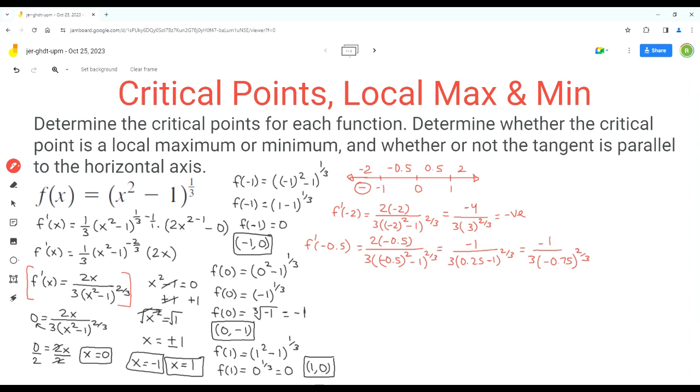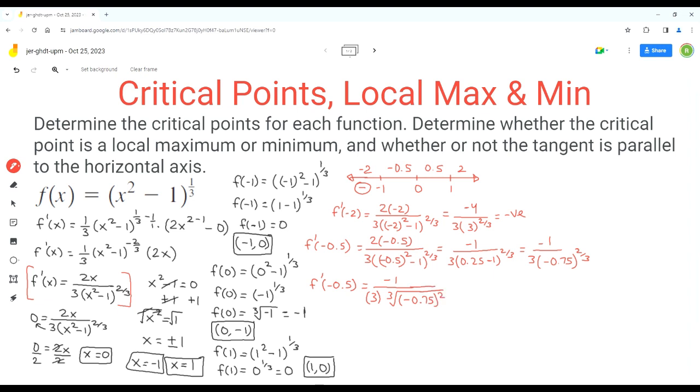Now the denominator will be a positive value, because if we simplify it, I can show it on this side. So we can break down the exponent 2 over 3 as, so 3 times, and then cube root of -0.75 square.